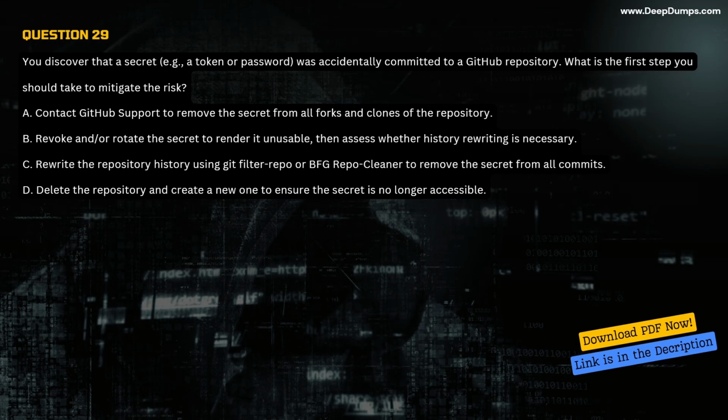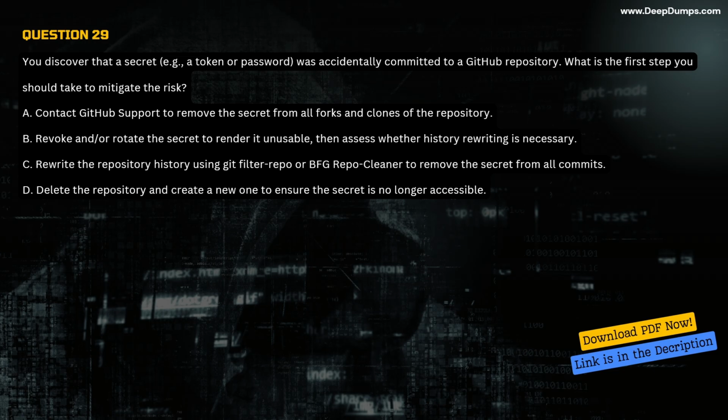Question 29. You discover that a secret, e.g., a token or password, was accidentally committed to a GitHub repository. What is the first step you should take to mitigate the risk? A. Contact GitHub support to remove the secret from all forks and clones of the repository. B. Revoke and/or rotate the secret to render it unusable, then assess whether history rewriting is necessary.